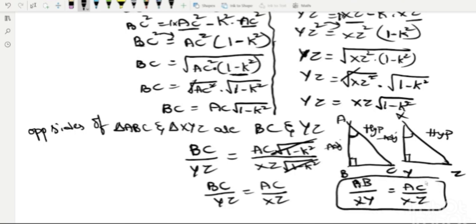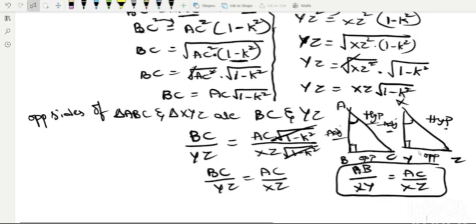This was the thing which we have proportionated at the starting. Now we have proportionated both the opposite sides of the triangles, which is BC upon YZ, which is equal to the hypotenuse side divided by hypotenuse side, AC divided by XZ.